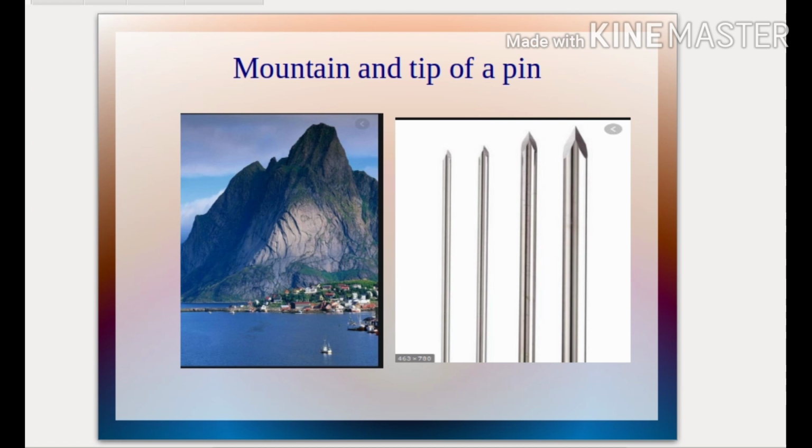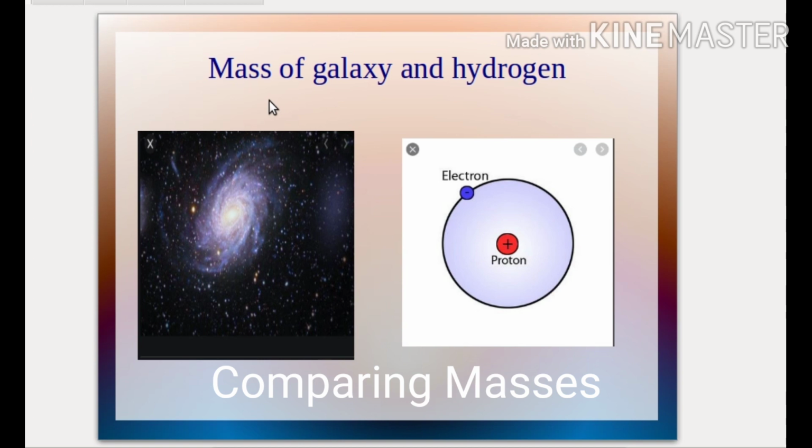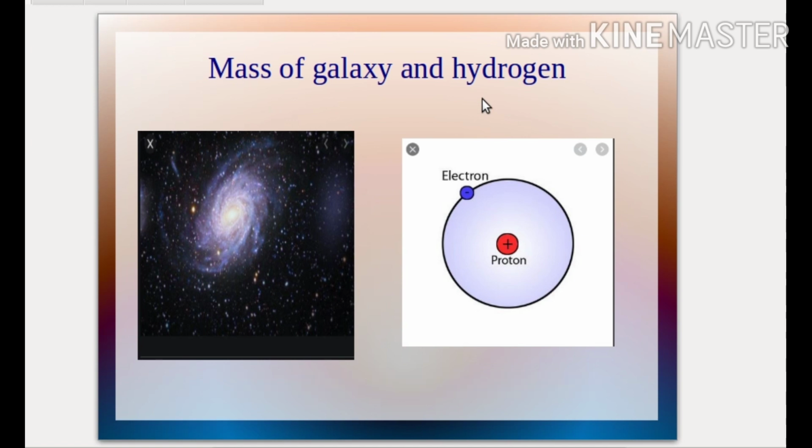Now move to the second one. Do you know how much the mass of a galaxy is? Okay, what about the mass of hydrogen?